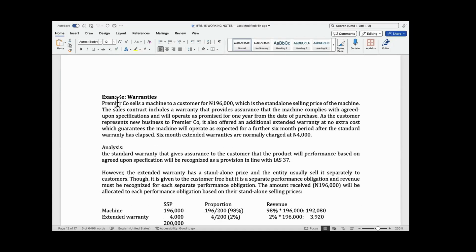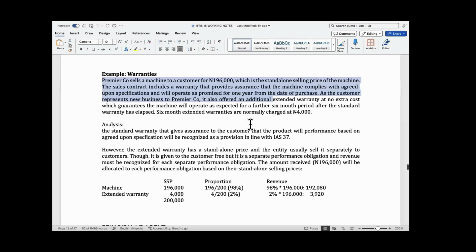I solved the question for you and we analyzed it. Ultimately, we saw that this company gave an extended warranty for free, an additional one that ordinarily he sells to his customers. But he decided to give it for free because he's trying to get more customers.